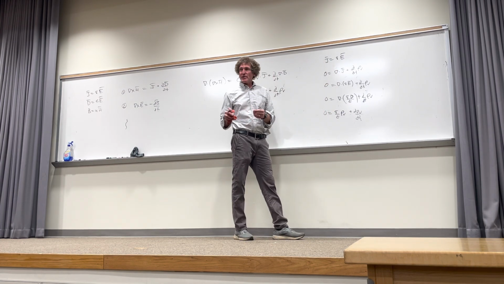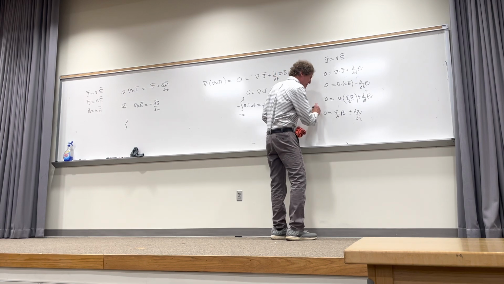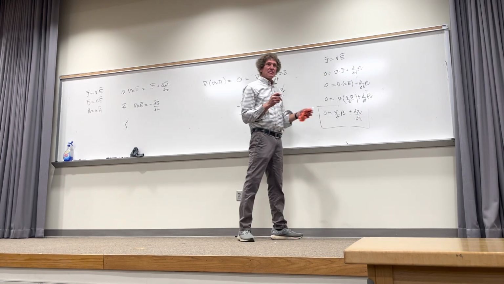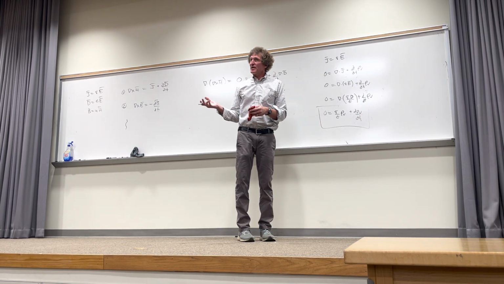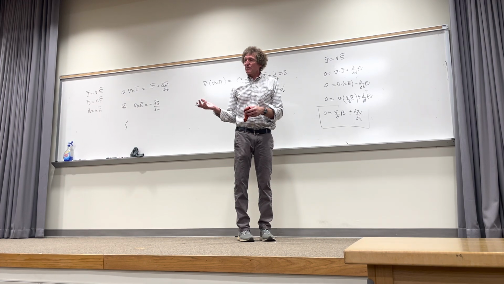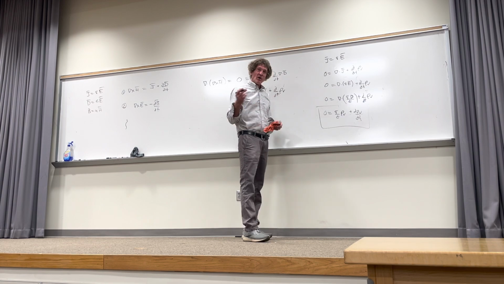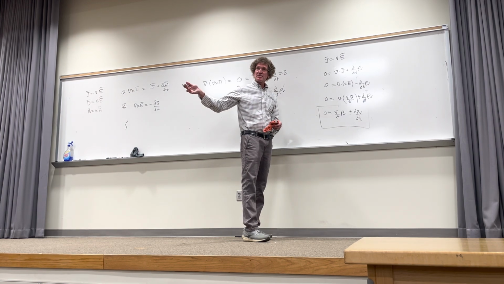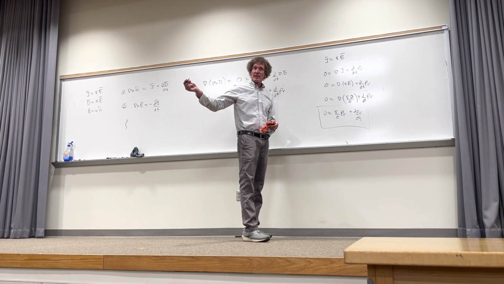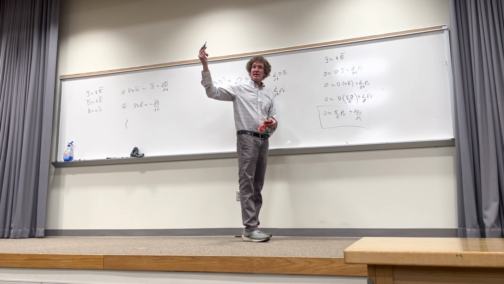Now, if you look at that, what is that? Isn't that a first order linear differential equation? Because it's equal to 0, right? Anytime you have a first order linear differential equation, you know basically the solution. This looks like dy/dt plus ay equals 0. The solution is y equals some y naught e to the minus t over a.